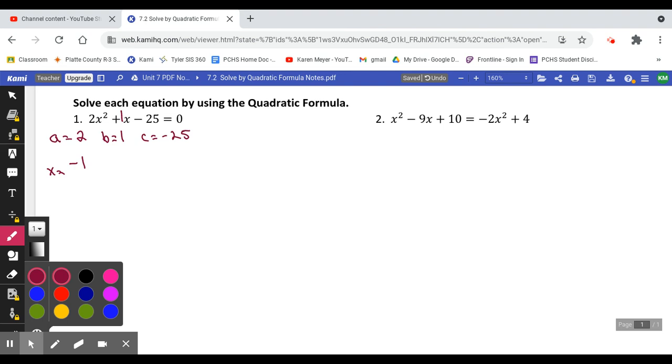So if b is 1, opposite is -1. Plus or minus the square root of b squared minus 4 times a, which is 2, times c, which is -25, all over 2 times a, which is 2.